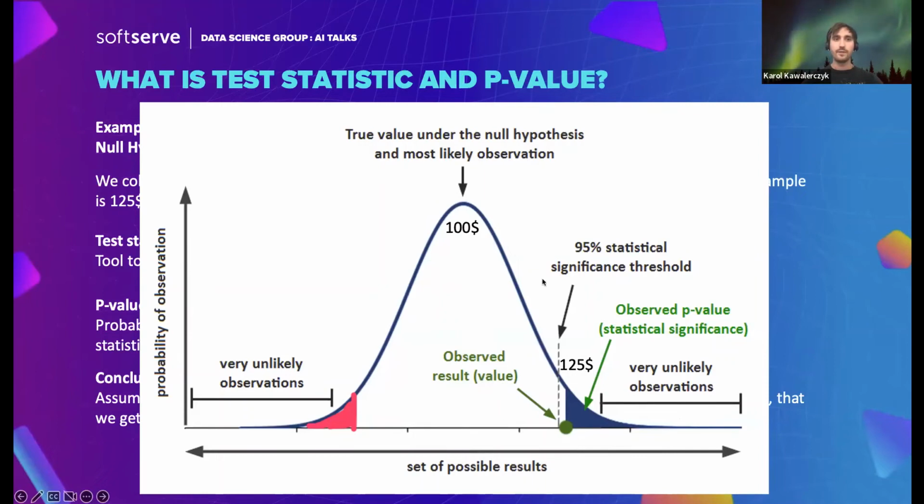And notice one thing, the tests and the p-value divide into one-tailed and two-tailed. The one-tailed tests you want to do if you're interested in one direction. So in this case, it would be if we would like to have an alternative hypothesis if people spend more than $100.